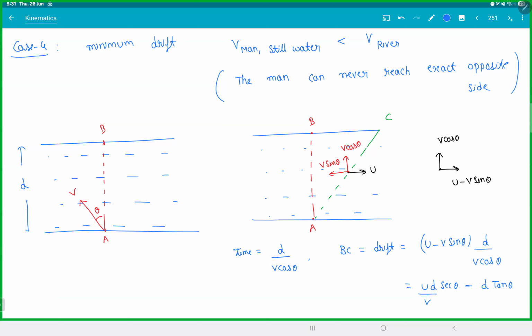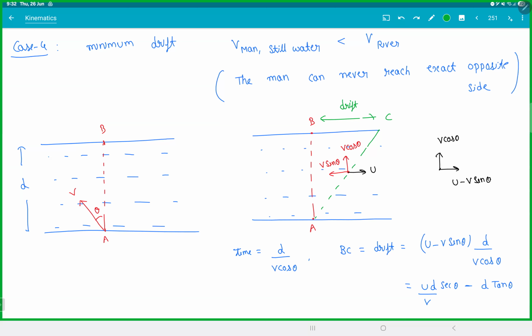Let the man go at an angle theta. Unfortunately here, the man's speed is less than the river. So the V sin theta can never cancel U. So no matter how hard he tries, you will always drift. You will reach some point C. The horizontal velocity will be U minus V sin theta and V cos theta straight ahead.